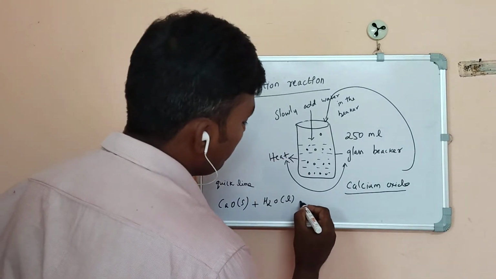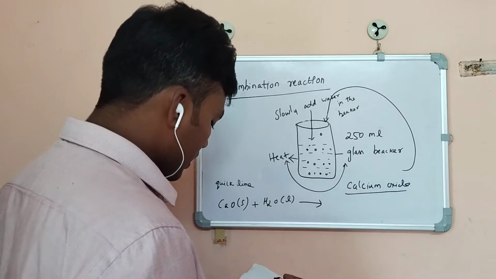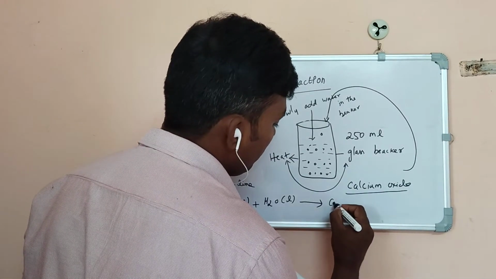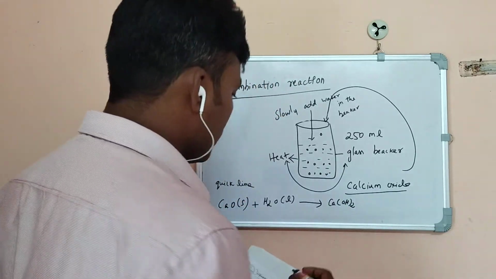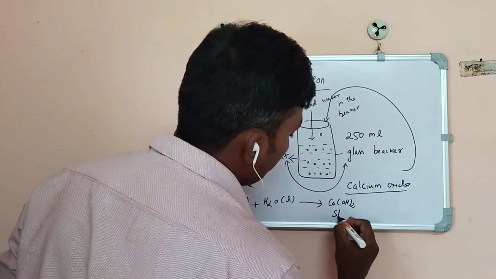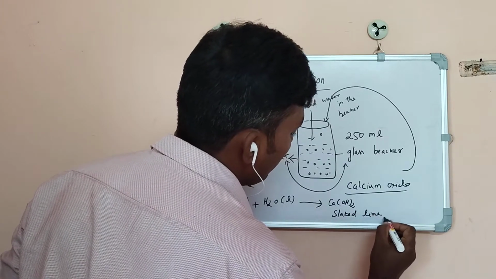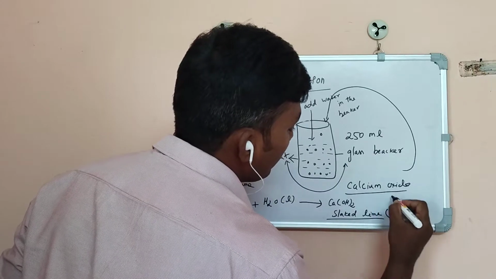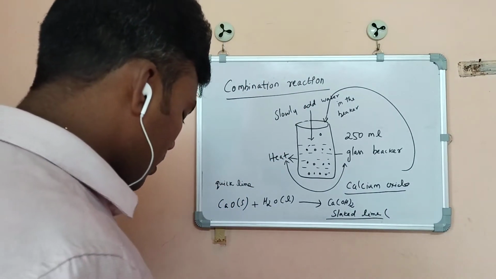What is going to form after adding the water into the beaker? Calcium hydroxide, that's called slaked lime. What is the name of this product? It is slaked lime or calcium hydroxide.